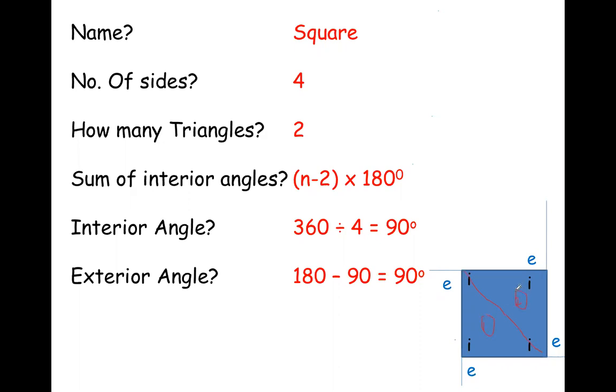In these two triangles, the sum of interior angles will be 2 times 180, because one triangle is 180. This is the same as n minus 2 times 180 when n is 4: 4 minus 2 is 2, 2 times 180. That is the reason why they come up with this formula.